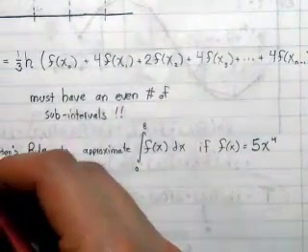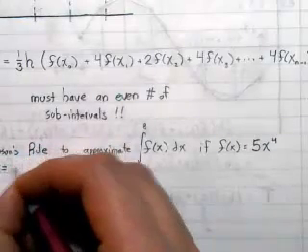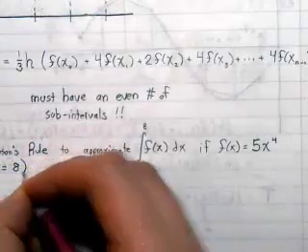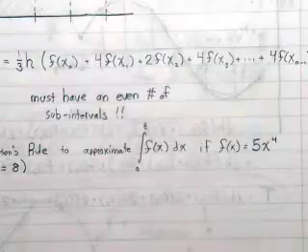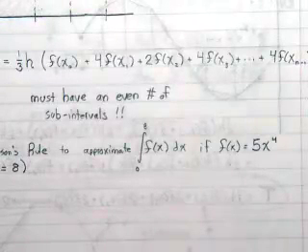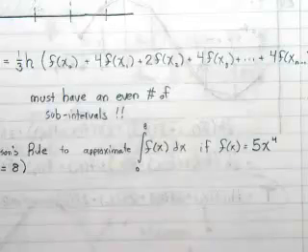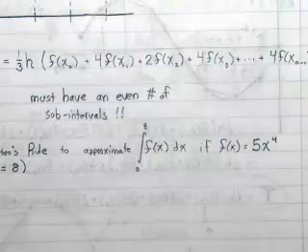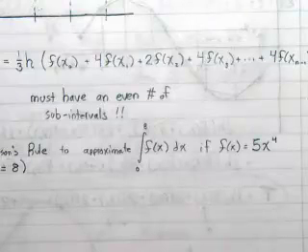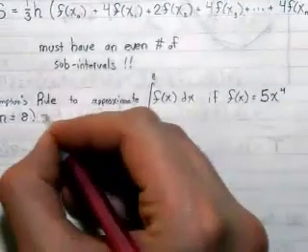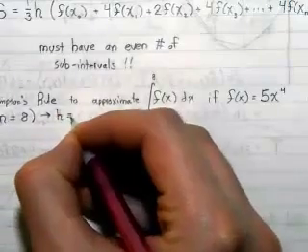And we're going to use n equals 8. So n, you're going to see, refers to the number of subintervals. So we have 8 subintervals. If we're doing an integral from 0 to 8, and there are 8 subintervals, what's the width of each interval? 1. Okay, so we're going to use an h of 1.